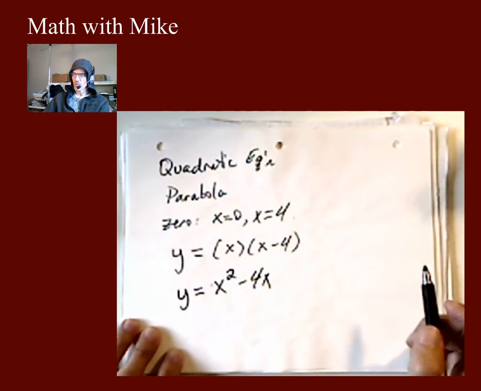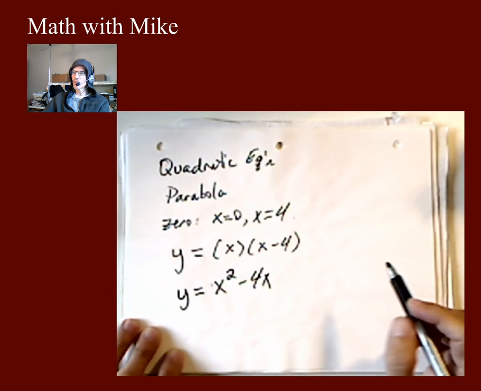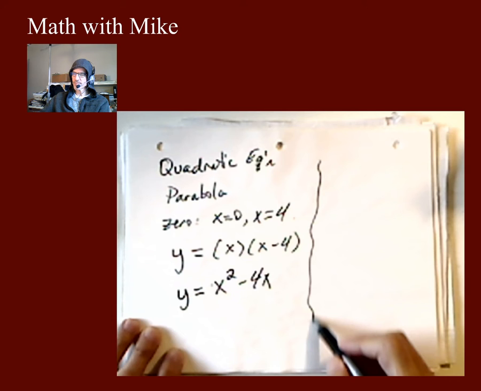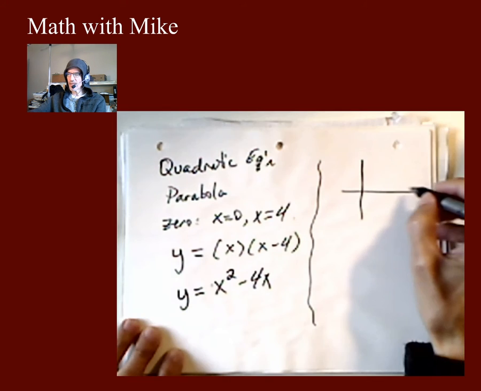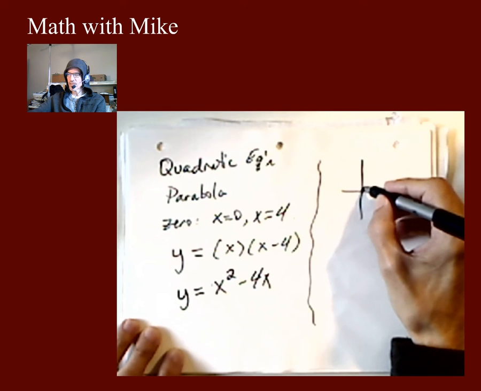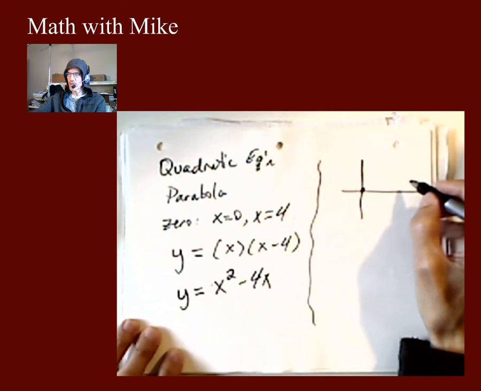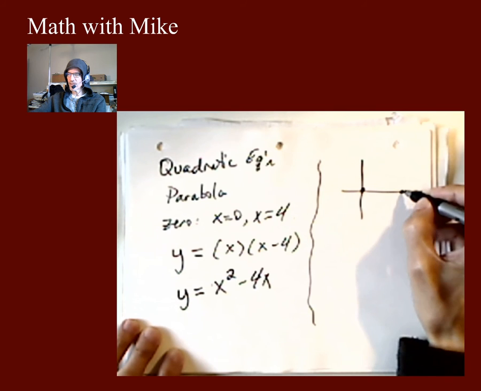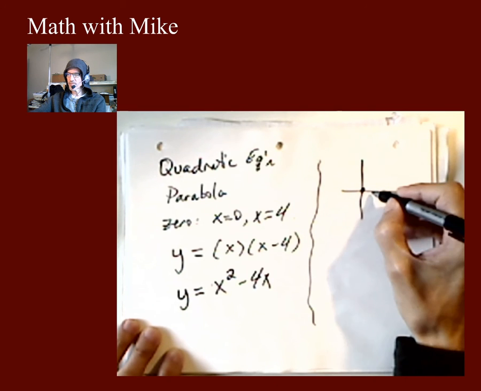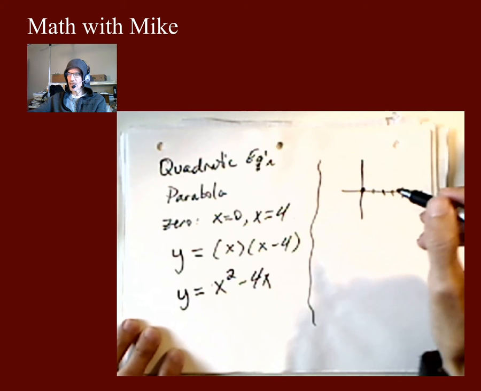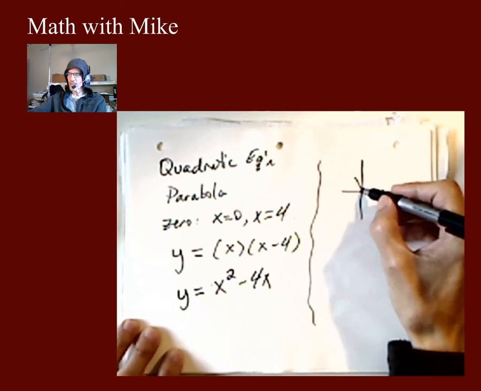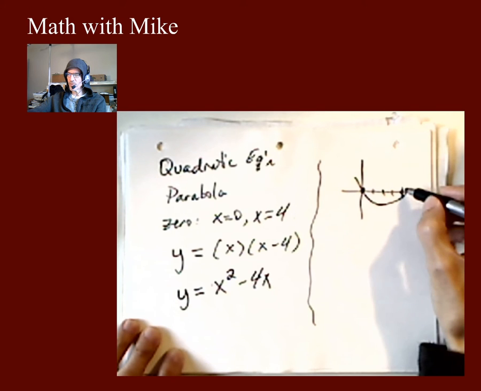If you were to graph this out, you would see that it looks something like this, with our 0 there, our other 0 there at 4. And then the graph's going to look something like this. Oh, I missed it.